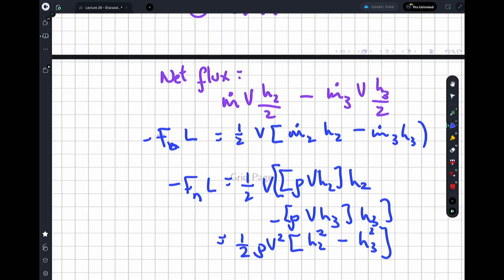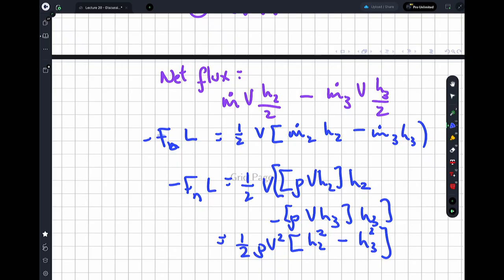So we then have rho V h2 times h2, rho V h3 times h3, move all the terms around a little bit, and it's h over 2 at the very top, so the 1/2 comes out: 1/2 rho V squared, h2 squared minus h3 squared.